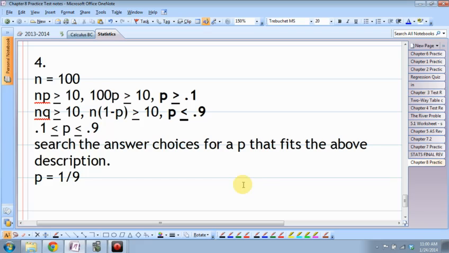Does that make sense? NP has to be greater than or equal to 10, and also NQ has to be greater than or equal to 10.